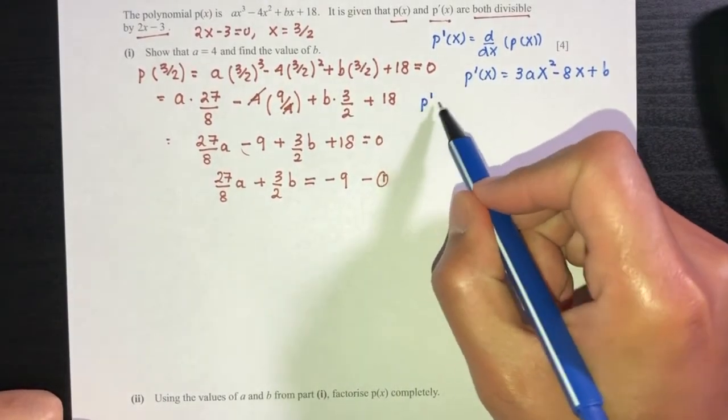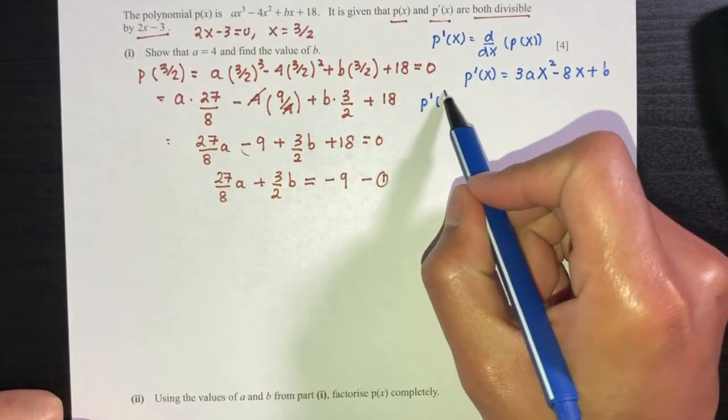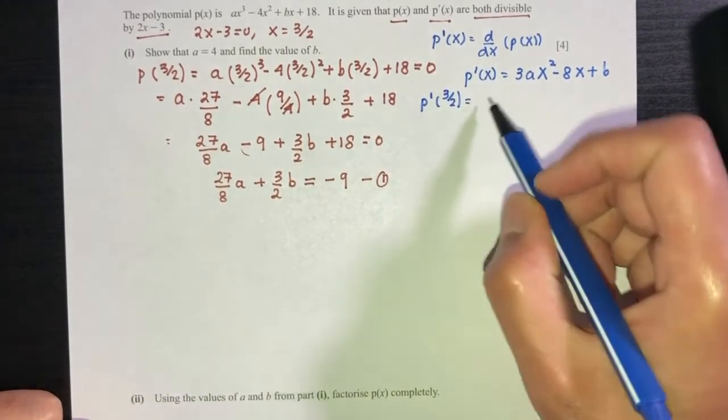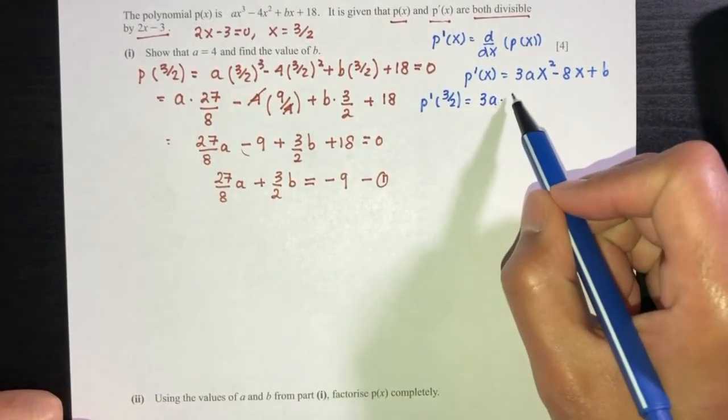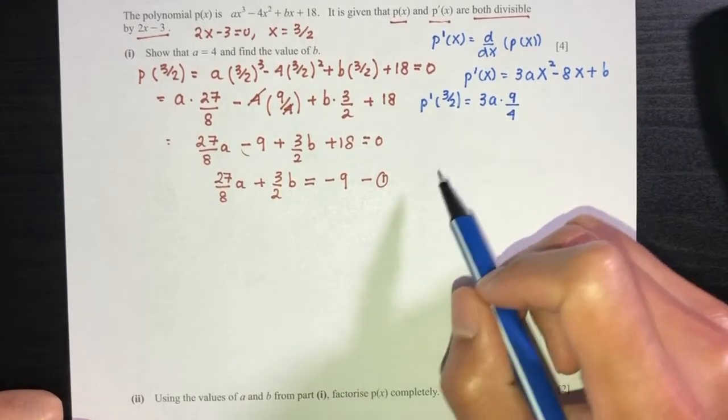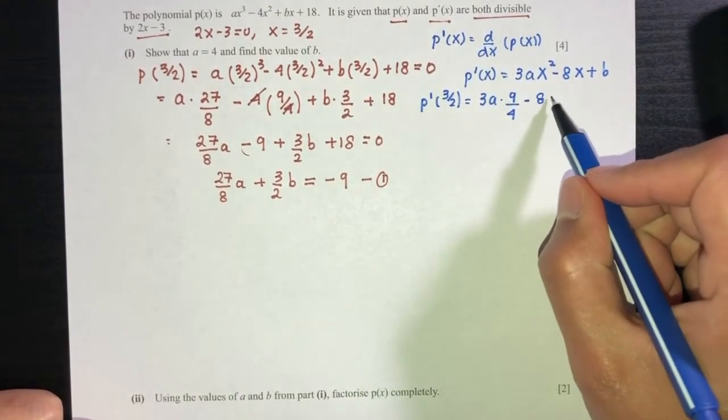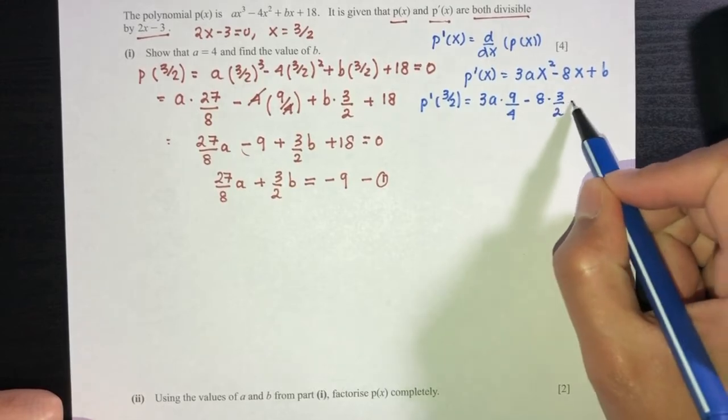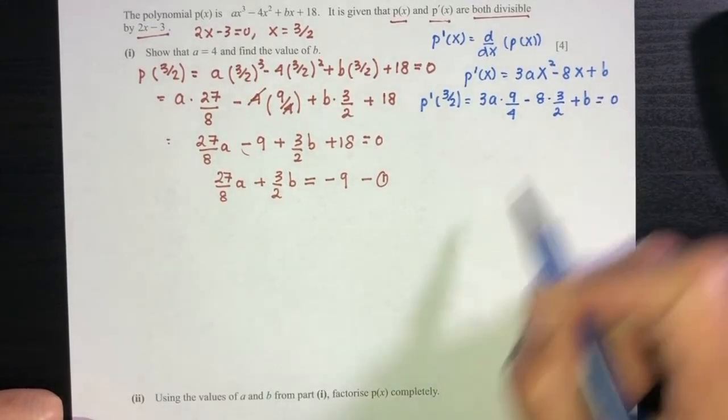Now p prime of 3/2 is supposed to give you 0. So 3 times a times 9/4 minus 8 times 3/2 plus b is supposed to give you 0.